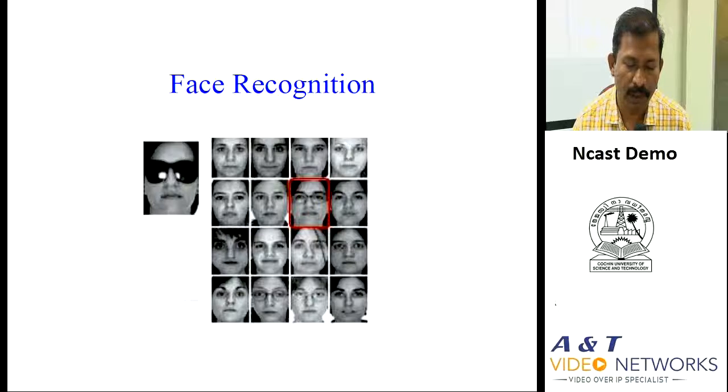So it could be a surveillance kind of application where somebody is there at the door, and automatically a camera takes the face, and it identifies whether this person is there in the database, an already approved person.